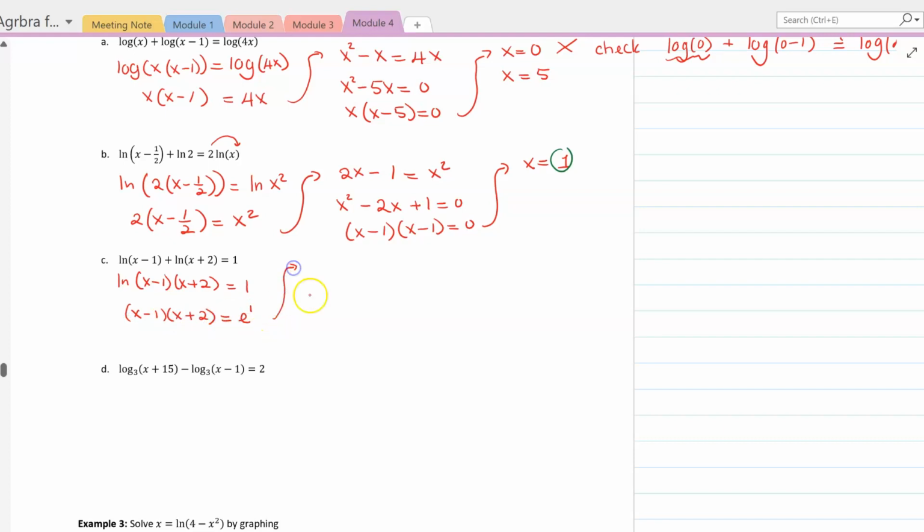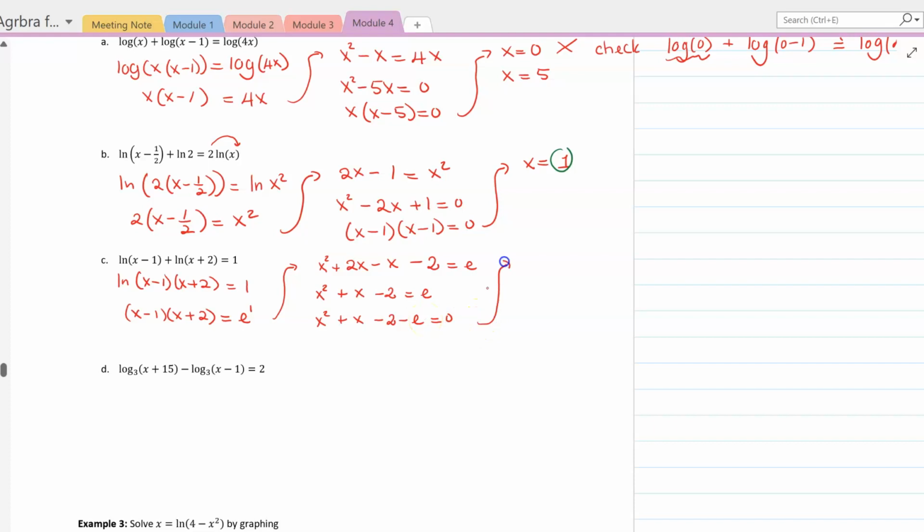So now I'm looking at x squared plus 2x minus x minus 2 equals e. x squared plus x minus 2 equals e. x squared plus x minus 2 minus e equals 0.